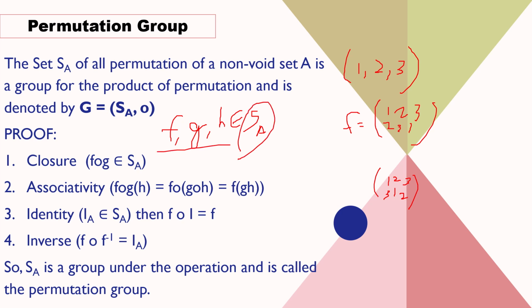So let's suppose we take 3 permutations F, G and H. Under the operation, F∘G, the product of this, let's suppose the operation is a product, so the element that comes after the operation belongs to SA, so it is closed under this property. Then associativity, that is F∘(G∘H) is equal to (F∘G)∘H. So again it will be satisfied under associativity. Identity element exists, F∘I is equal to F, and then inverse, F∘F⁻¹ is equal to identity. So if the 4 properties are satisfied, it will be known as a permutation group.